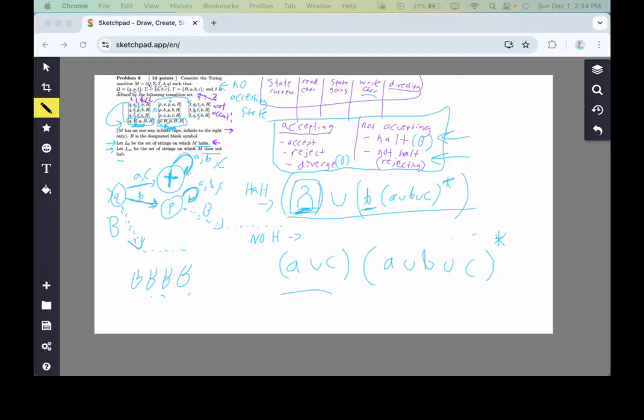Here, I will send that in the chat for you guys. All right, so one where we end with a B is halting. Ones where we go in an infinite loop is diverging, and then rejecting is when the string isn't accepted at all. That is if a final state is given.